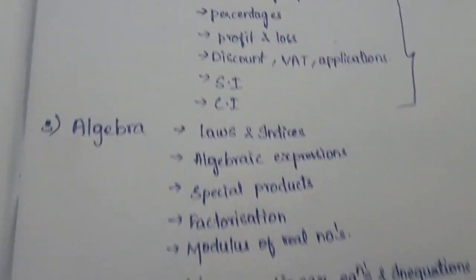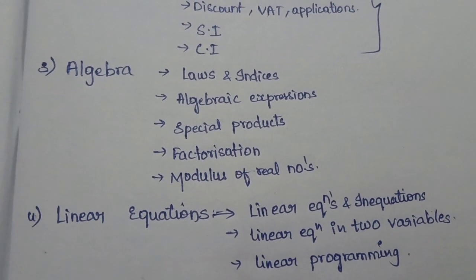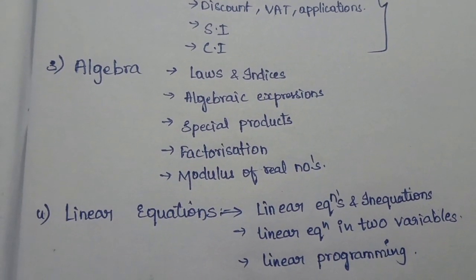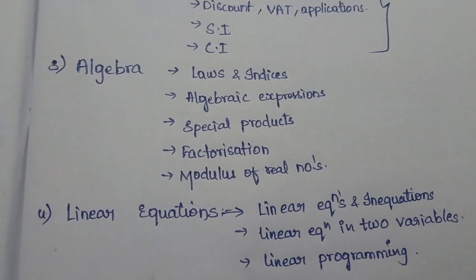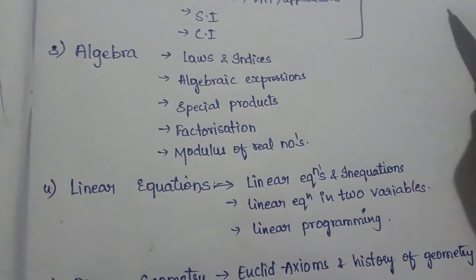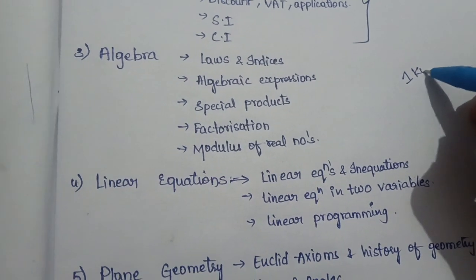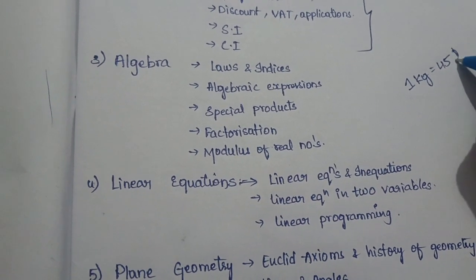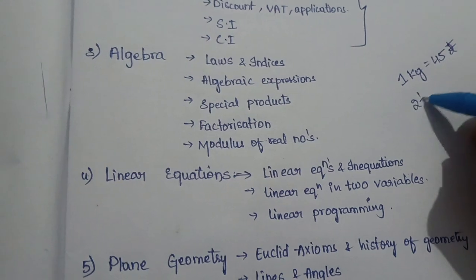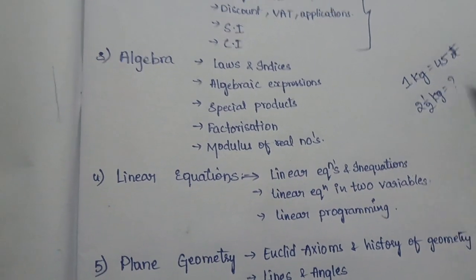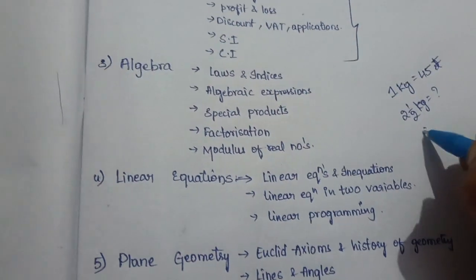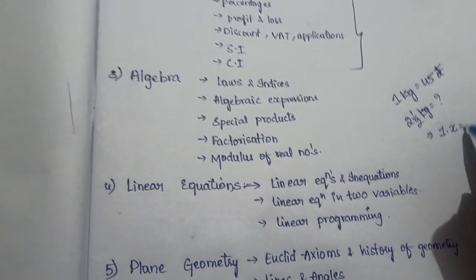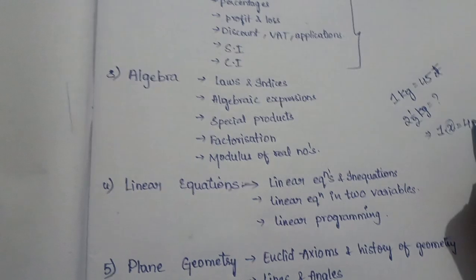Next comes algebra. The central concept of algebra is an expression. Let me give you an example: 1 kg of sugar equals 45 rupees. How much does 2.5 kg of sugar cost? Algebra gives an expression, right? For 1 kg of sugar equal to x, it is 45 rupees.